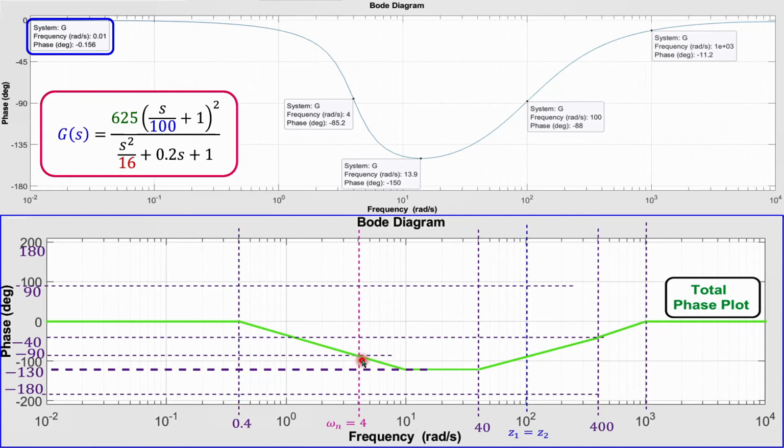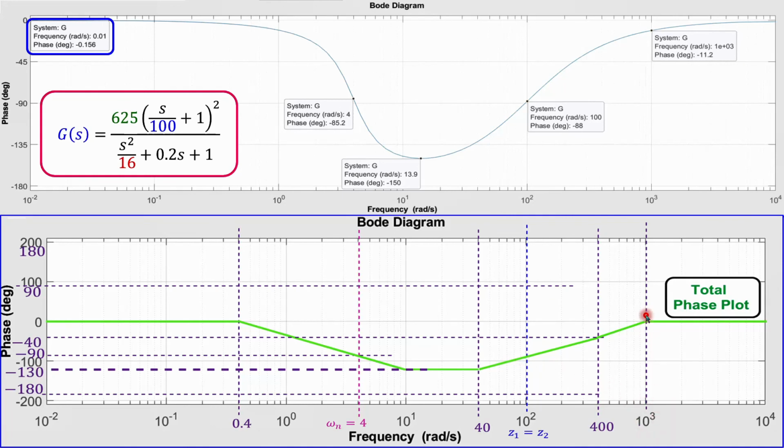Now, close enough, I think, for our quite crude approximation method. And we also see for the 100 radians per second, approximately minus 88, and it's also close to minus 90 degrees, so also pretty close to what we have determined.